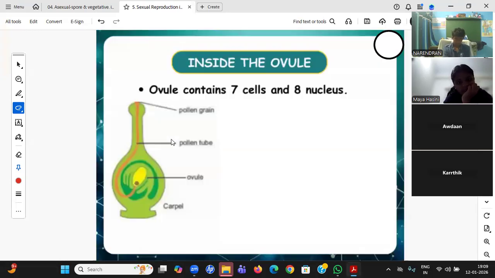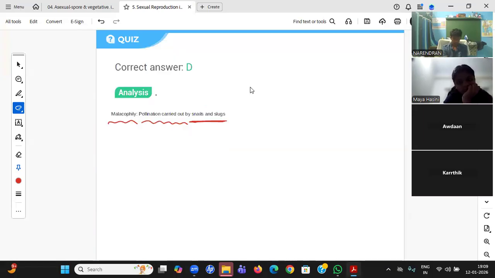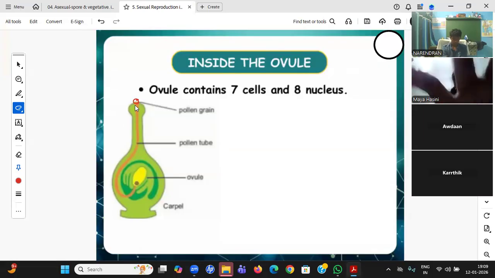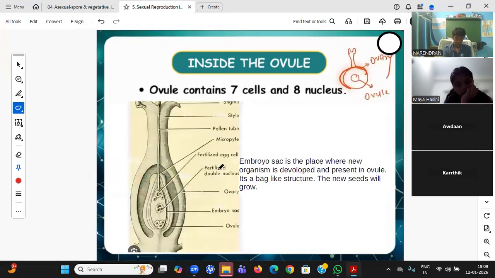Now, students, we should know what is inside the ovule. Our pollen grain is ready and has reached this particular ovule. But now we need to know what is inside the ovule. Before fertilization happens, we need the clear picture.